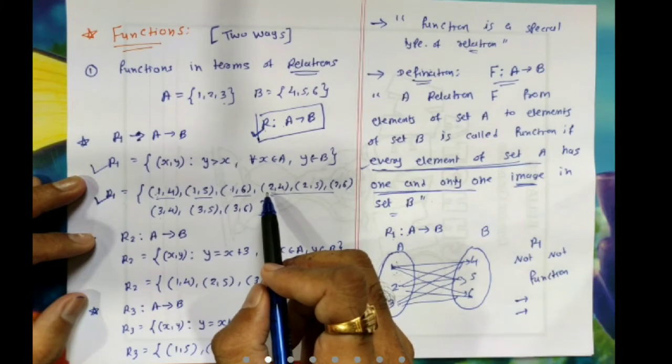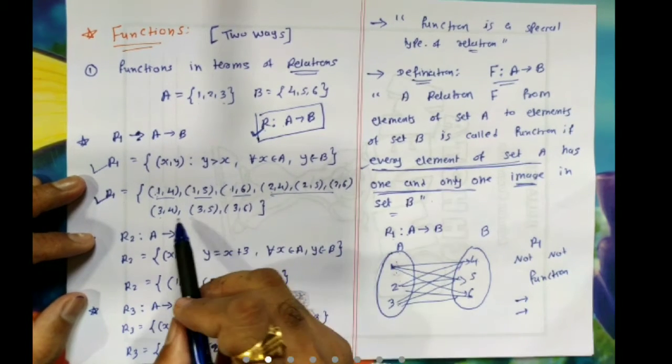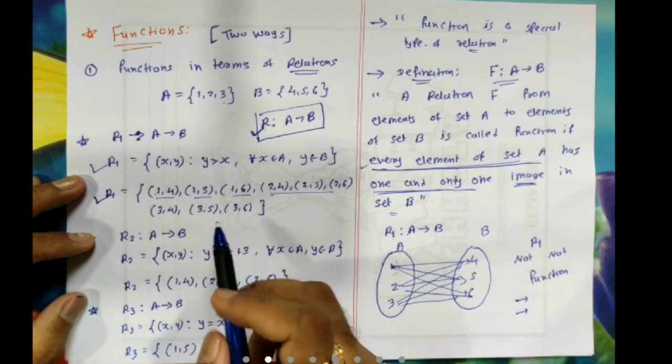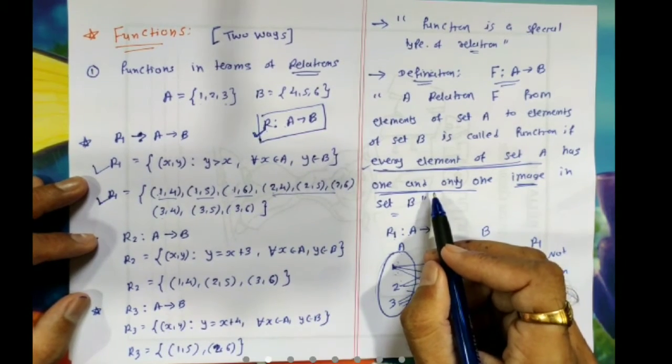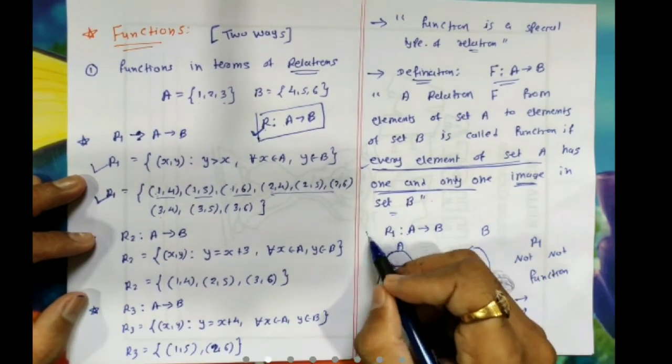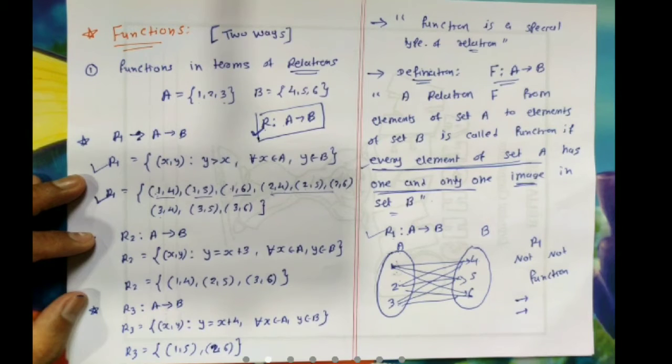Similarly, element 2 has 3 images and element 3 has 3 images, and that's why the second condition of function is not fulfilled. So we can say that relation R1 is not a function.